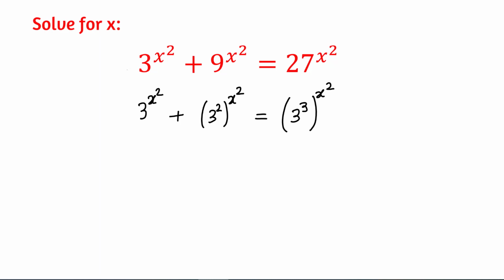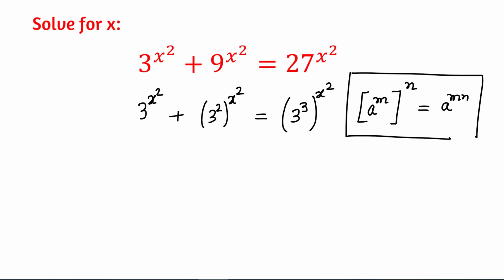Now if you remember, if I have a raised to the power m and then raised to the power n, we can use the exponent rule and simply write m into n. If I use this principle, then I can rewrite 3 raised to the power x square plus 3 raised to the power 2 and this x square, and this will be 3 raised to the power 3 times x square.